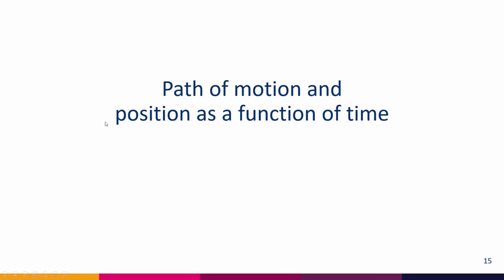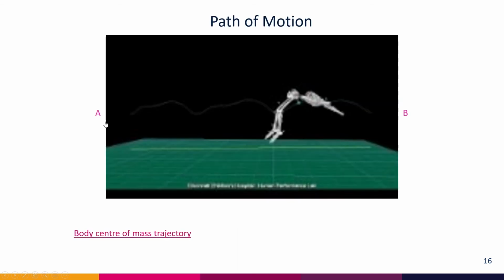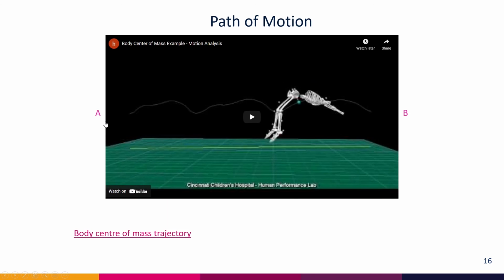Okay, well let's now have a look at the path of body motion and its position as a function of time. So I'd like to show a video here of a person doing some back flips, and the motion of the person was measured in a motion capture laboratory by putting some markers, these little balls, on the skin.